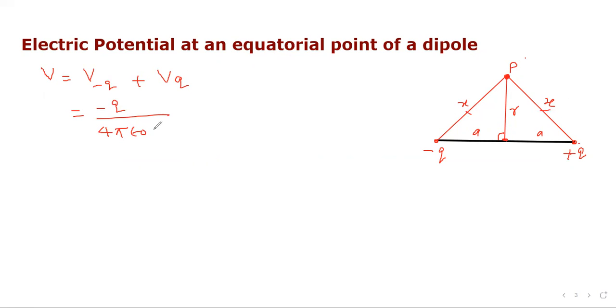Both are equal, so x square, either we can write the root of a square plus r square, but it's okay. First, let's write as x square, plus Q upon 4 pi epsilon naught x square. These two terms will cancel out and we will get 0. Hence, the electric potential at an equatorial point of a dipole is 0.